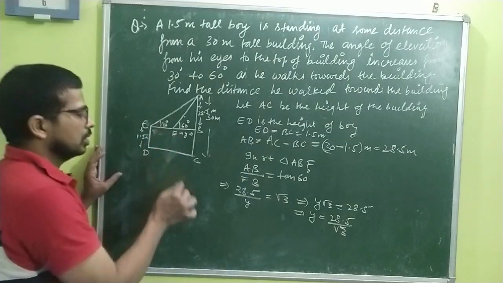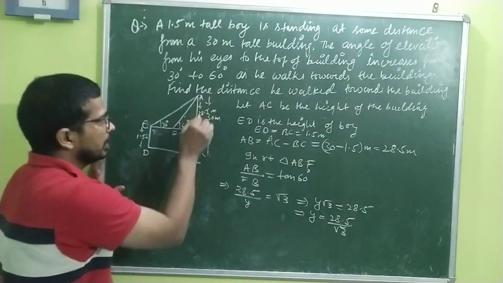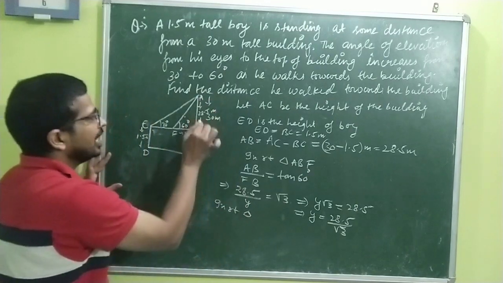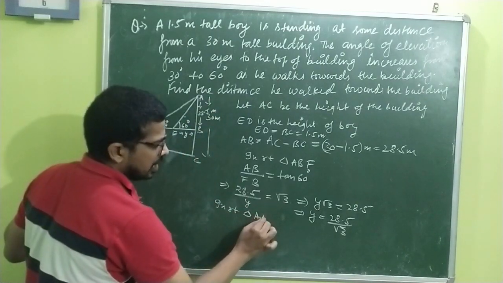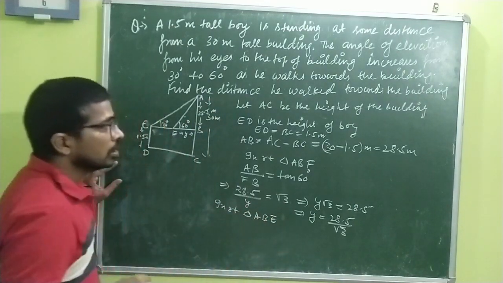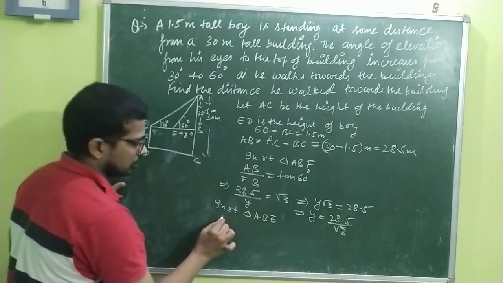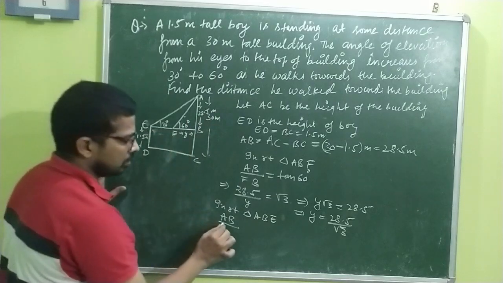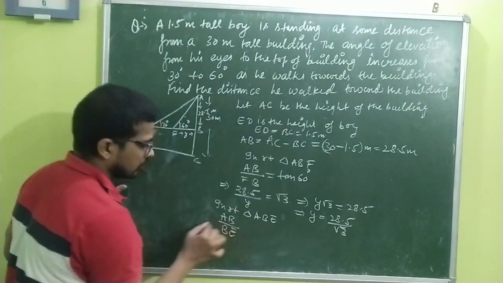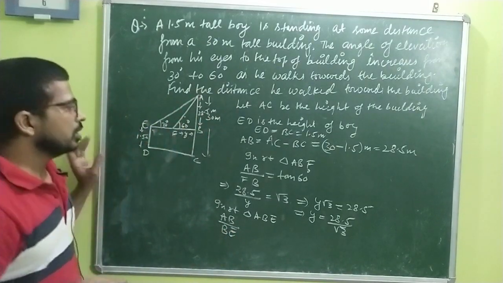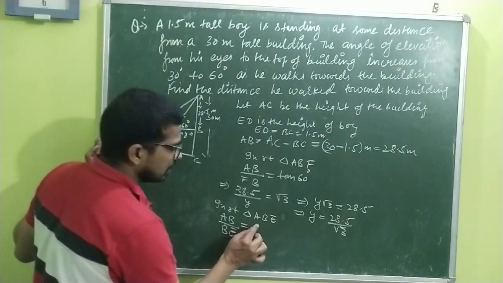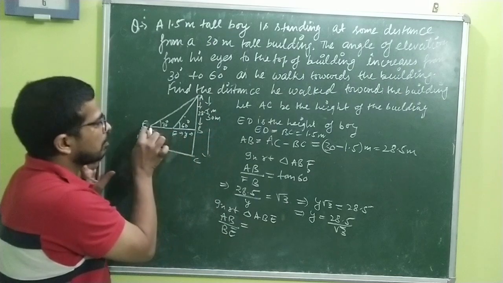Now again I have to find BE, so I will take the bigger triangle. In right triangle ABE, what we will have is AB upon BE. Again I will take it as perpendicular upon base.